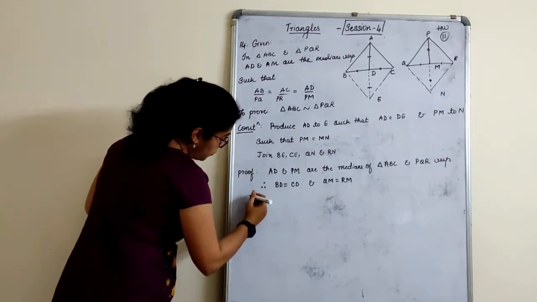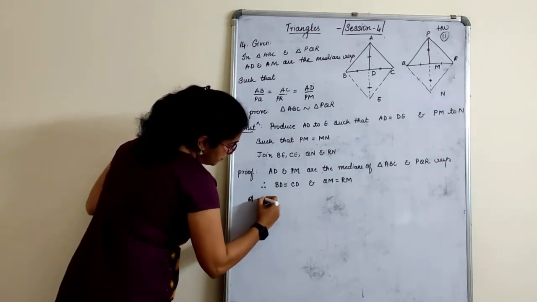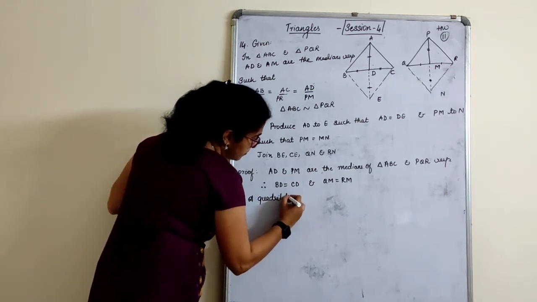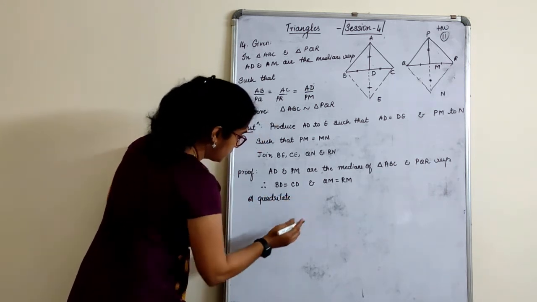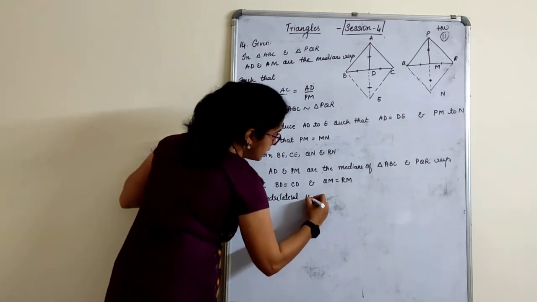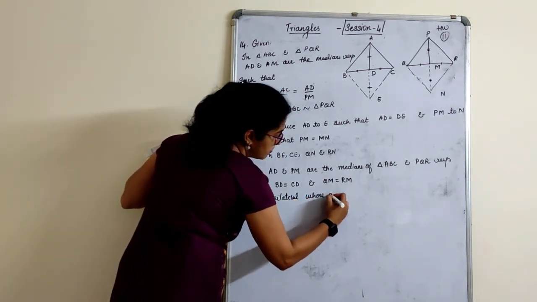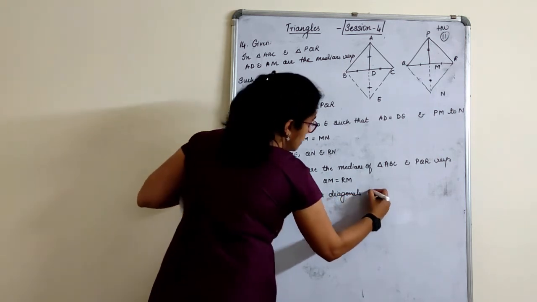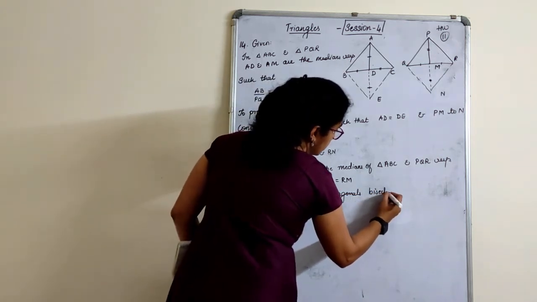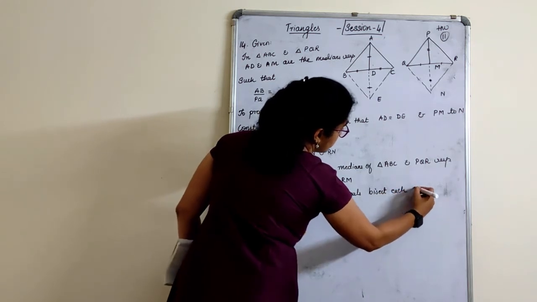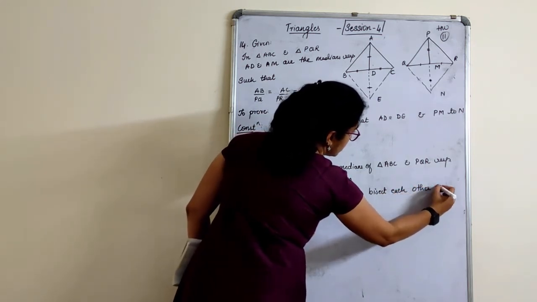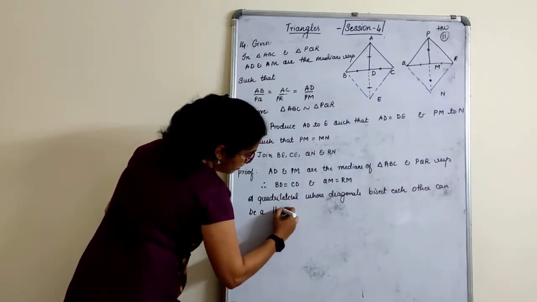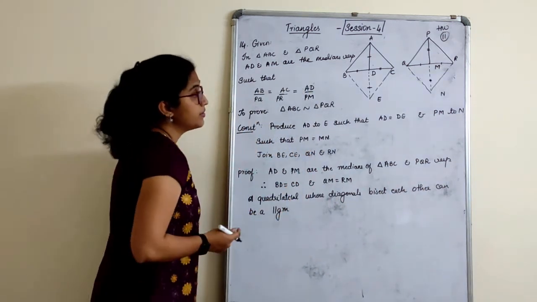I will write here now: a quadrilateral whose diagonals bisect each other can be a parallelogram, right?